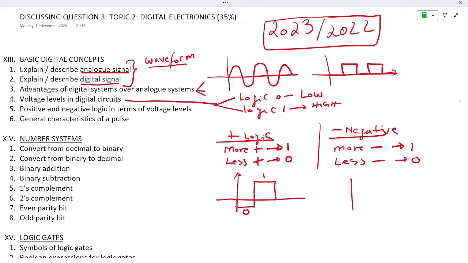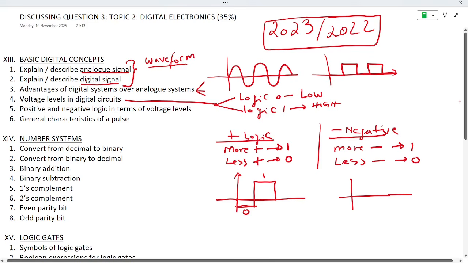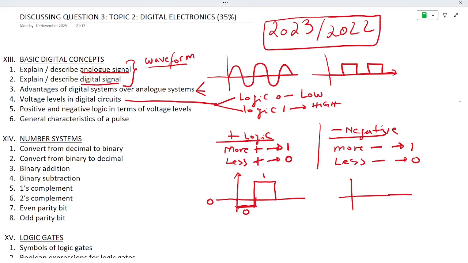You can see that even if this voltage here is below 0, it's less positive, so it still represents the 0 state. And because it's more positive here, it represents the highest state, which is 1.